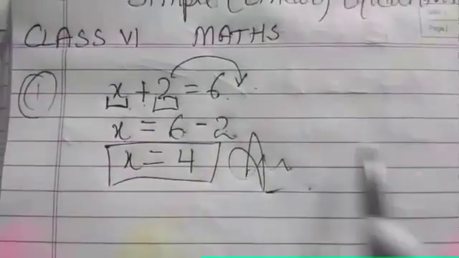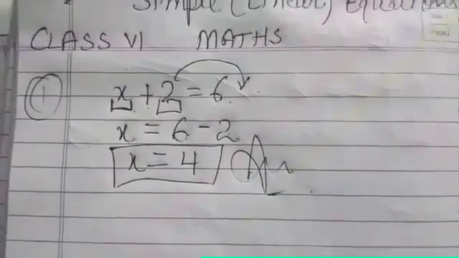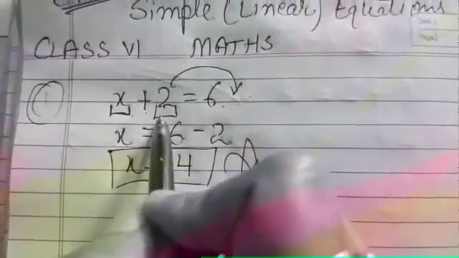When it goes from one side to the other side, its sign gets changed. So it becomes 6 minus 2. 6 minus 2 is 4. So this is the required answer. The only thing you have to keep in mind is that whenever we take any number to the other side, its sign gets changed.